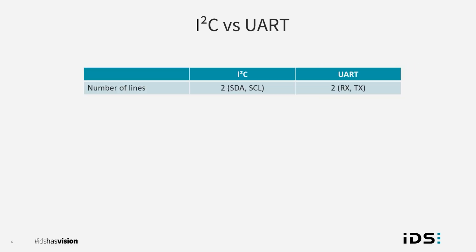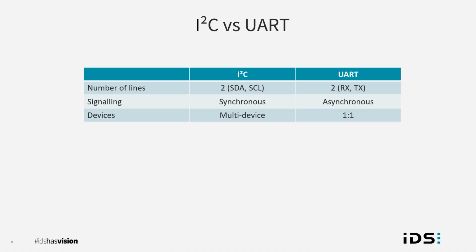So looking at the table, we can see the main differences between UART and I2C. Both are two-wire buses, but UART is an asynchronous interface using control bits to communicate, and I2C is synchronous using a shared clock signal. UART is a one-to-one or point-to-point interface, limiting the number of peripherals to one per channel, and I2C allows multiple devices via the addressing system, something UART doesn't use or require.